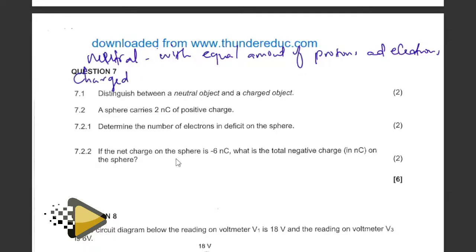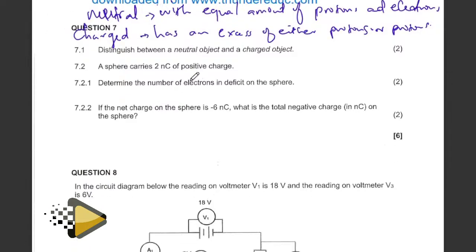A charged object is one that has an excess of either protons or electrons. Someone can say an unbalanced number or something of the sort.